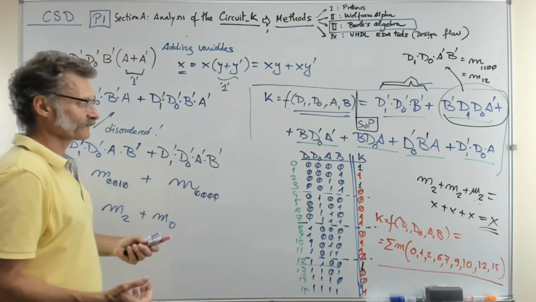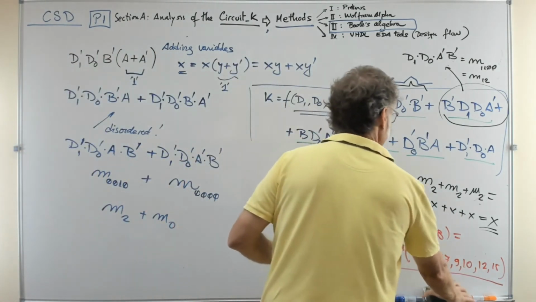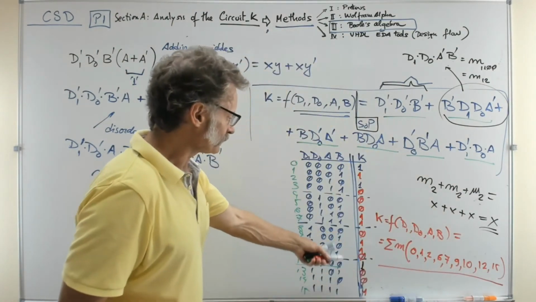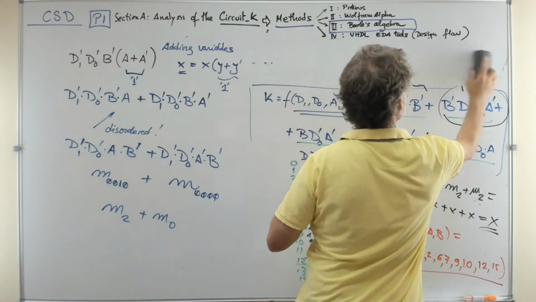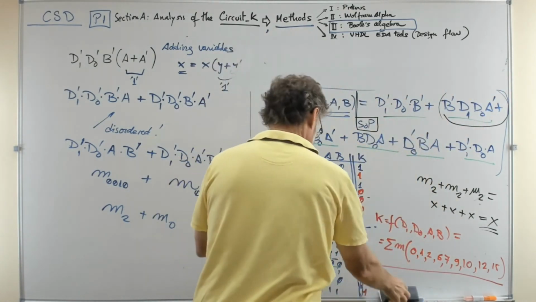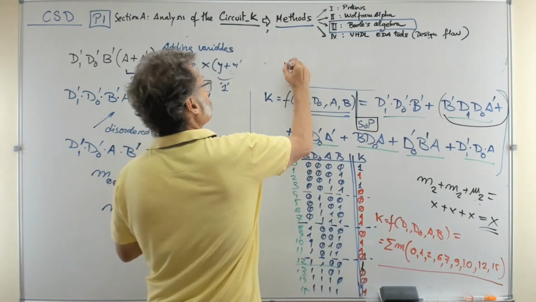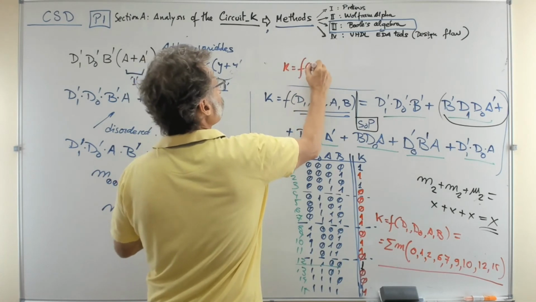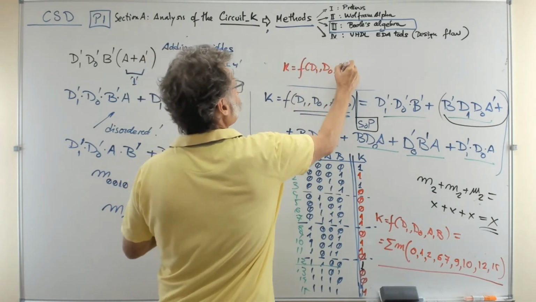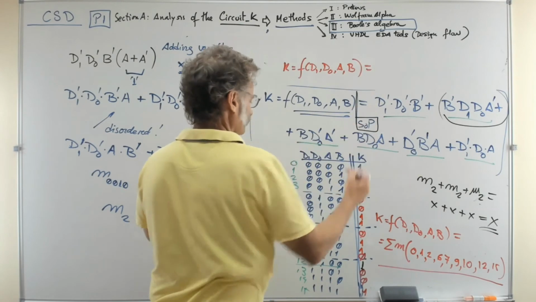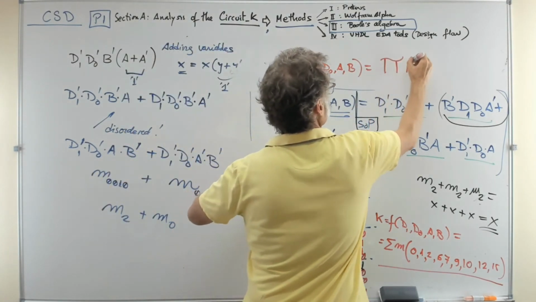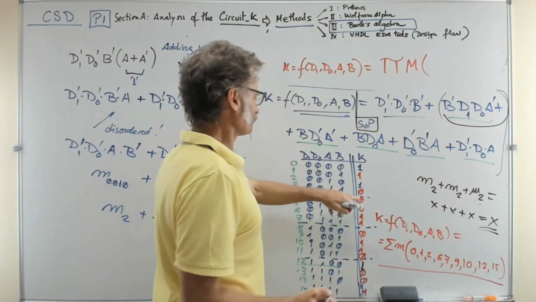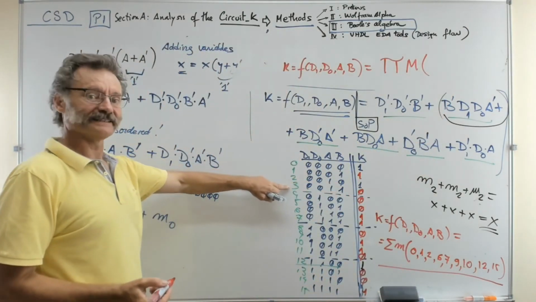Or if you like, you can take not the ones but the zeros. The ones which are not ones are going to be zeros. So now it is your turn to rewrite again key as a function of d1, d0, a and b, like this. You see, a product of the maxterms that are going to be considered according to the indexes in decimal.